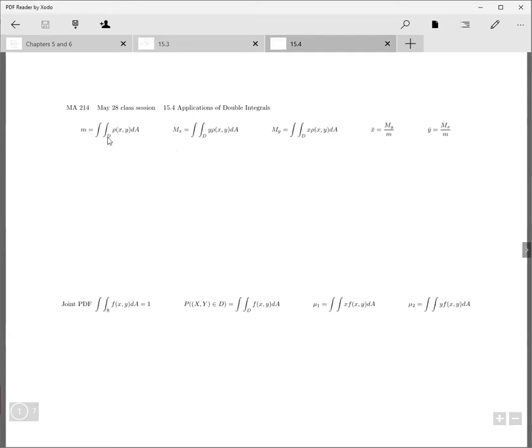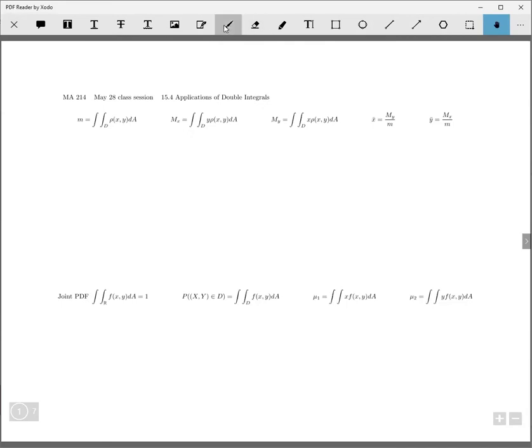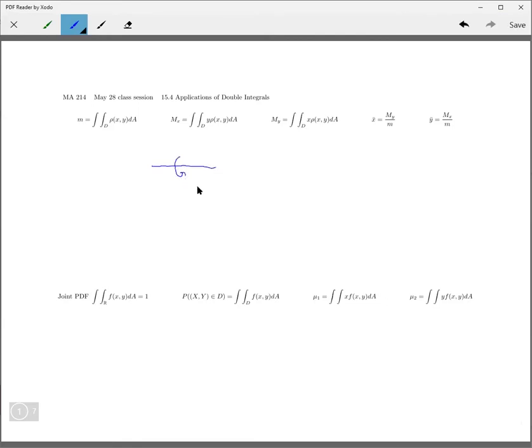The mass is going to be the integral over the region where the object lies of the density function dA. The moment about the x-axis refers to how it rotates about the x-axis, or like if a weight was applied here, how much it would be forced to turn around the x-axis.